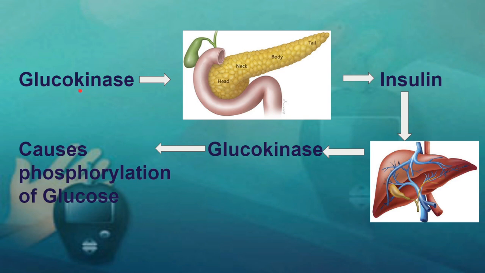And so this glucokinase will act as a sensor and will cause the pancreas to secrete more and more insulin. Now this insulin will act on the liver, and because of this insulin, the glucokinase present in the liver will become activated and will cause the phosphorylation of the glucose.